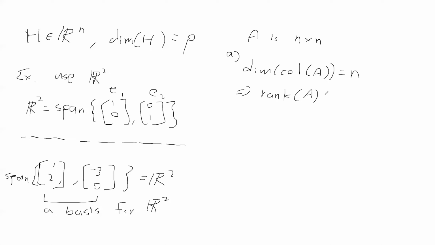If the dimension of the column space of A is equal to the number of columns, which is n, then rank of A is also equal to n. Okay, these two are exactly the same thing, right? By definition, dimension of column space is equal to rank. Right? If you need a refresher, I can look at the definition again.